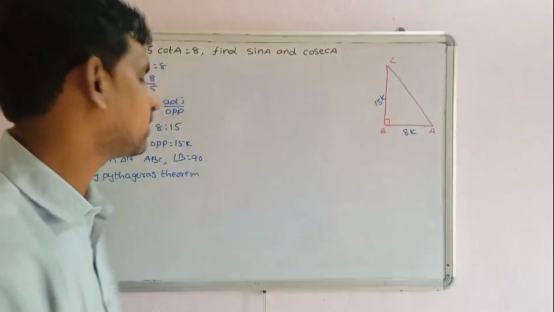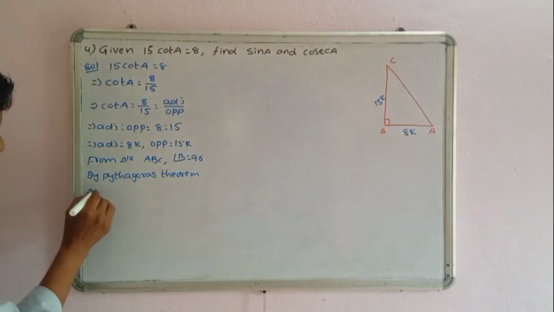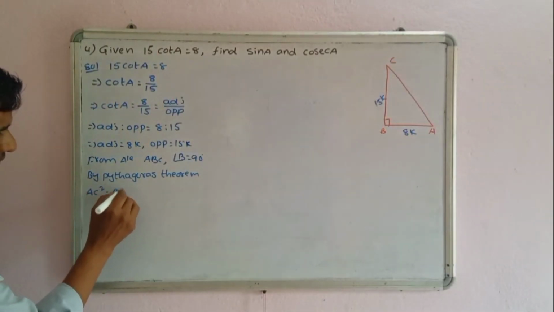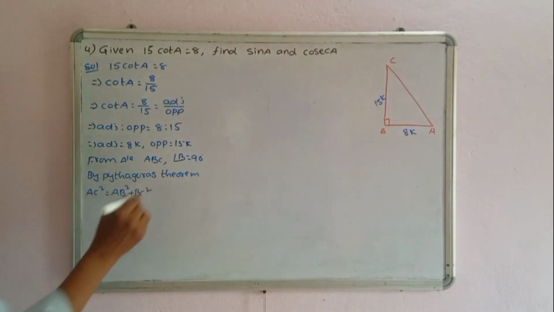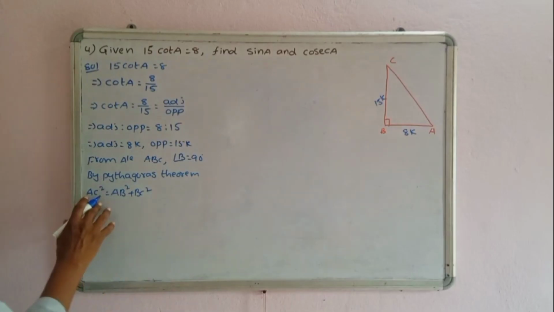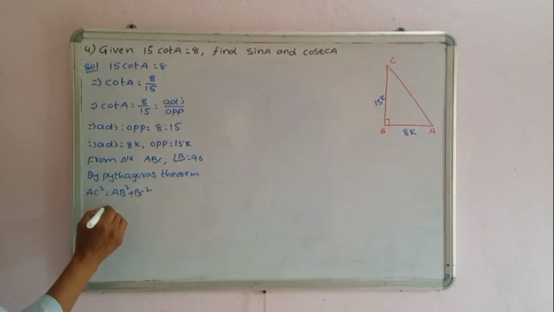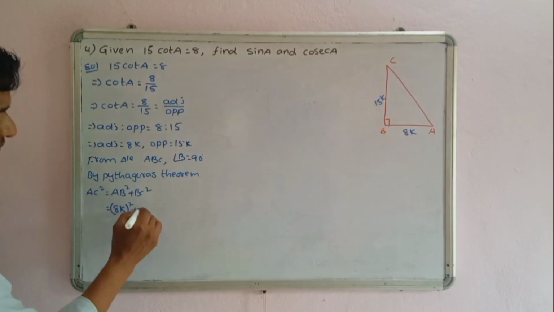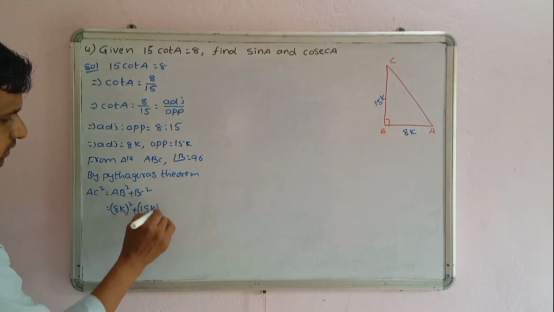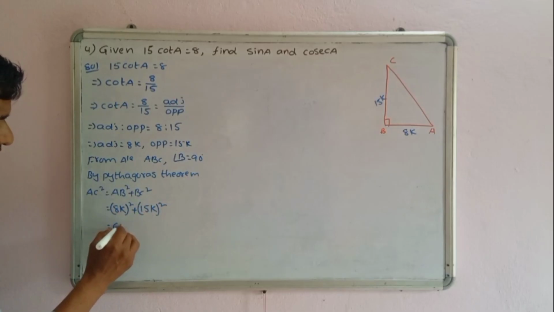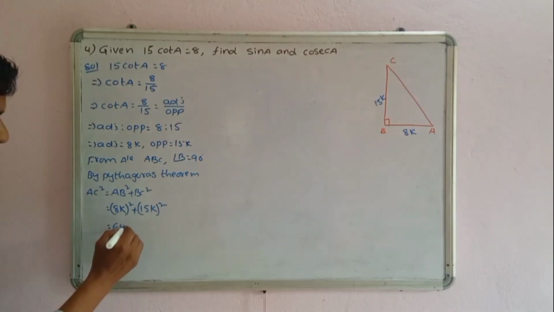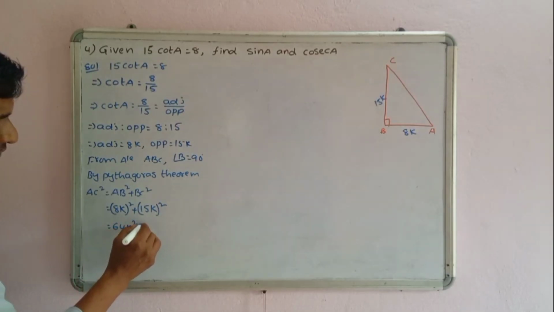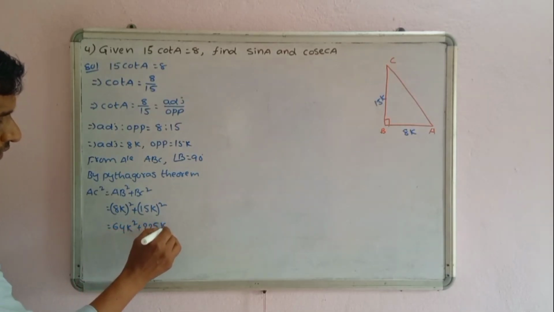Here, what is the hypotenuse? AC. AC square equals AB square plus BC square. We don't know the value of AC, but AB is 8k whole square, and BC is 15k square. 8 square equals 64, so 64k square. 15 square is 225k square.